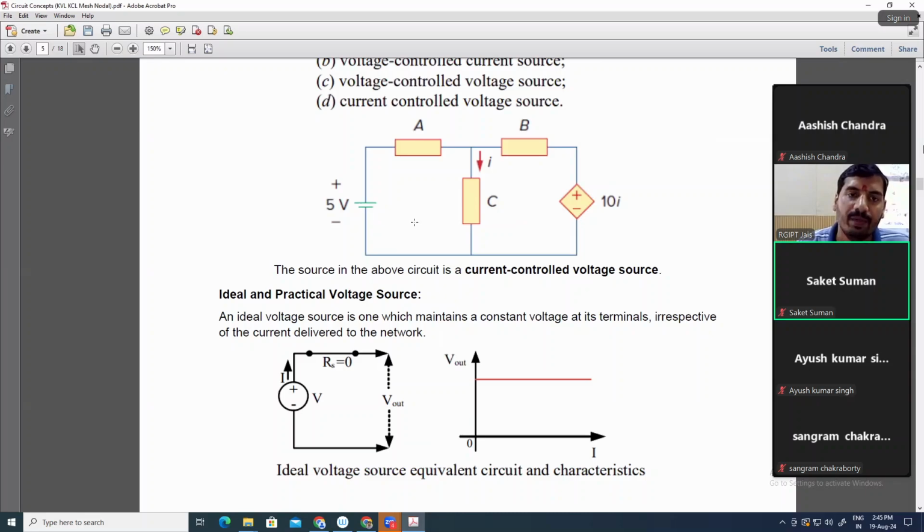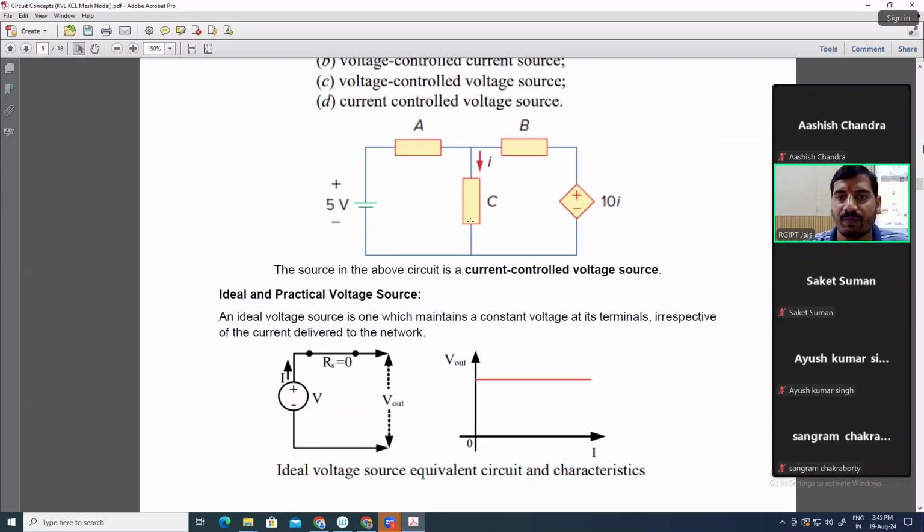Independent source, because its value is fixed and it is not depending on any other circuit parameters, right? V is just the symbol of voltage. It is not related to any circuit parameter.